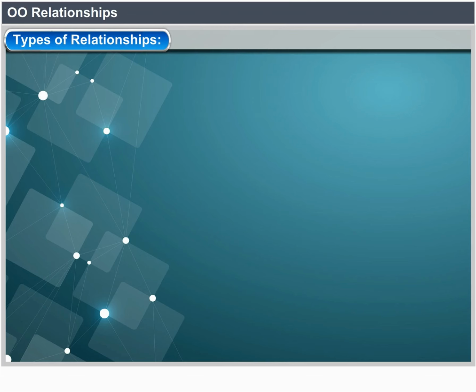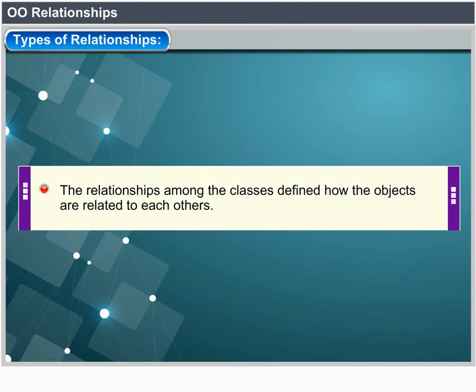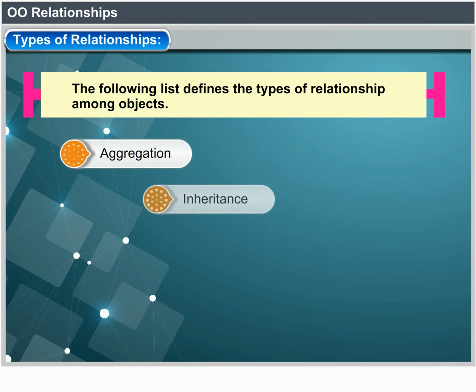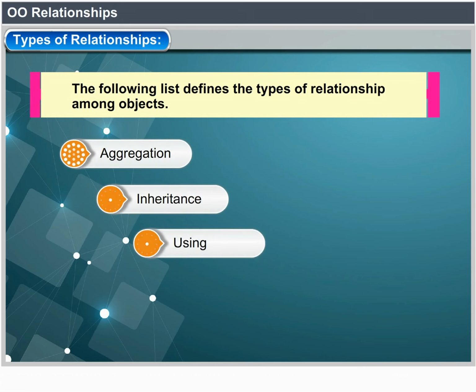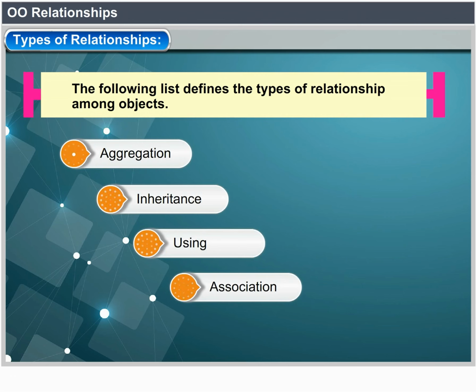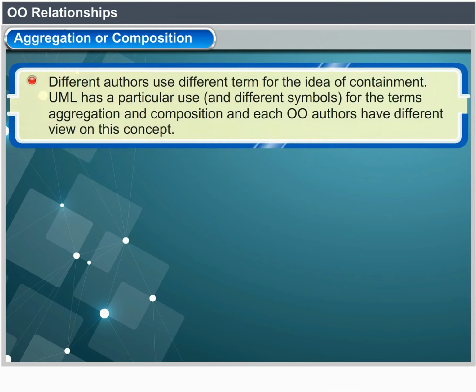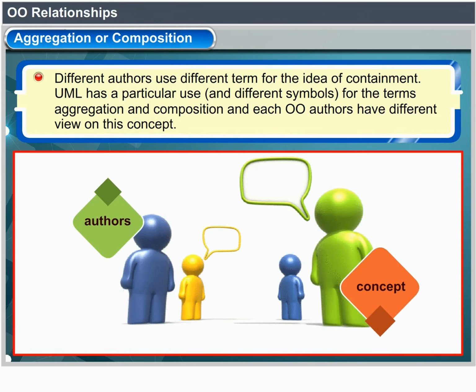Types of relationships. Relationships between classes are defined as below to know how objects relate to each other. The following sorts of relationships exist: aggregation, inheritance, using association, and instantiation. Aggregation, also known as composition: different authors use different terms for the idea of containment.